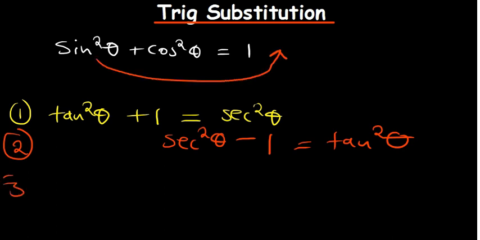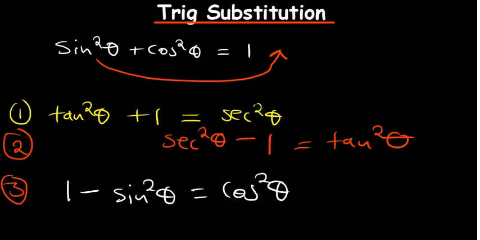If you make cosine squared of theta the subject, you're going to have 1 minus sine squared of theta being equal to cosine squared of theta. These are the ones that are going to help us determine what we are going to substitute.